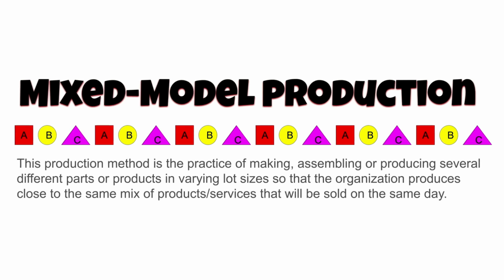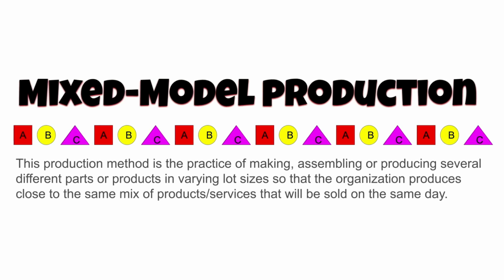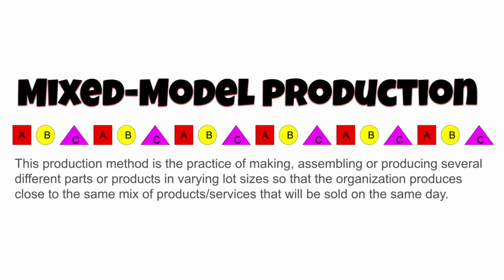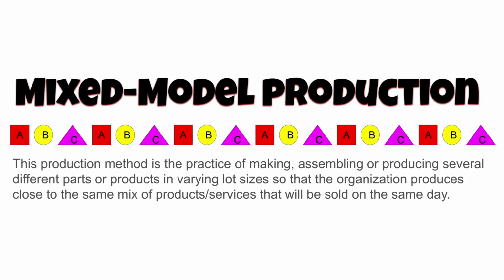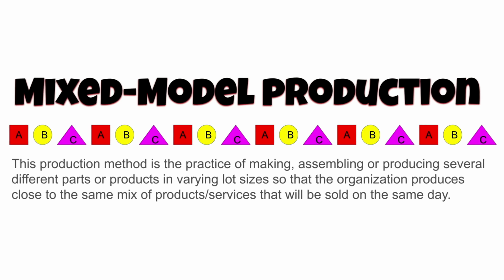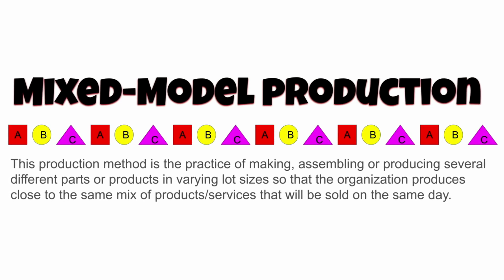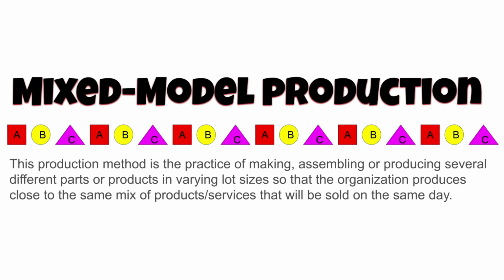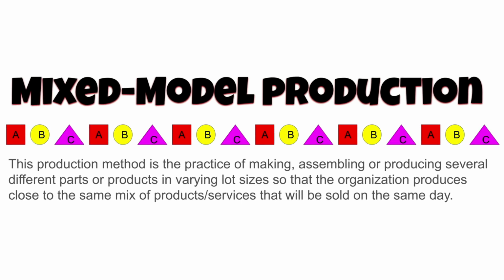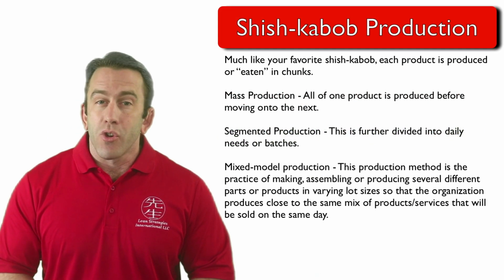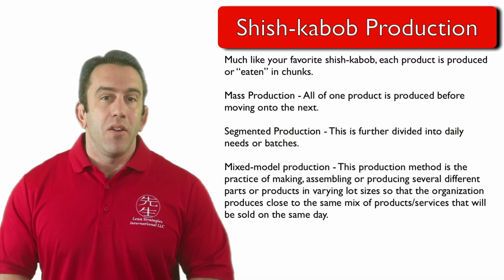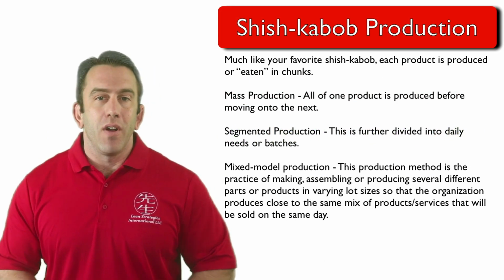This production method is the practice of making, assembling, or producing several different parts or products in varying lot sizes so that the organization produces close to the same mix of products or services that will be sold on the same day. When you are leveling production, the customer ultimately determines and drives everything.